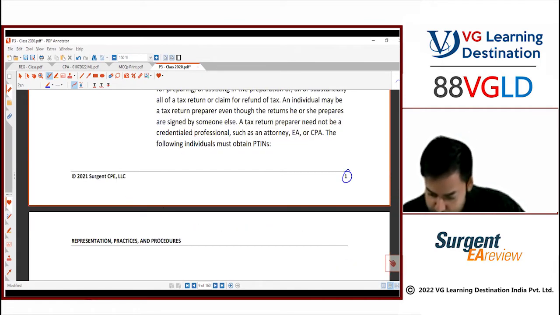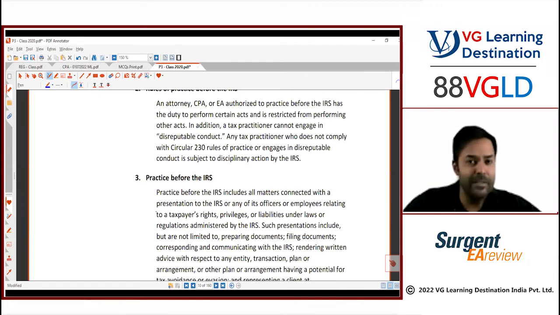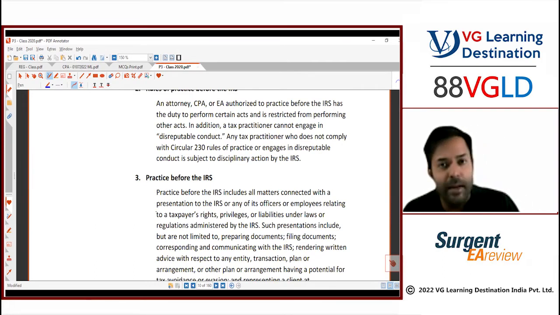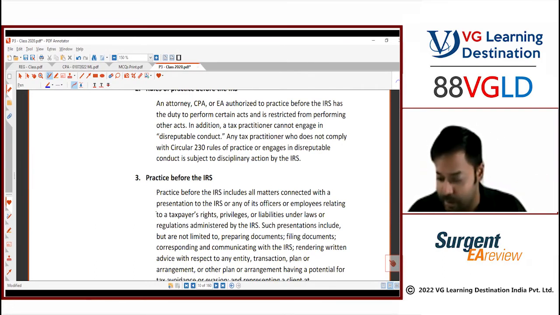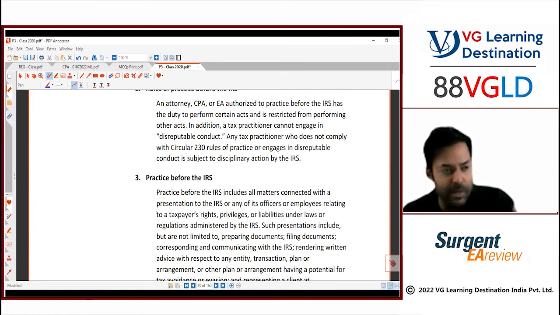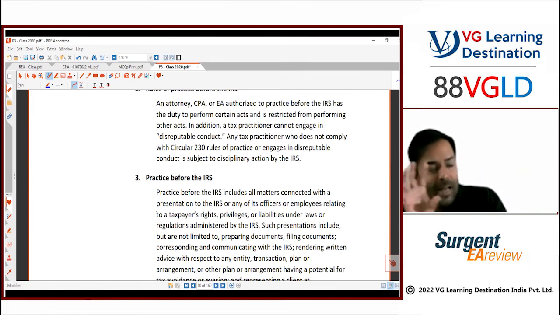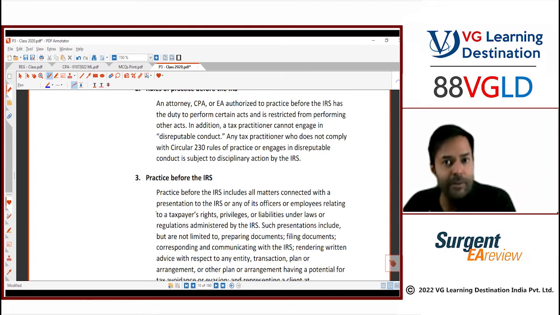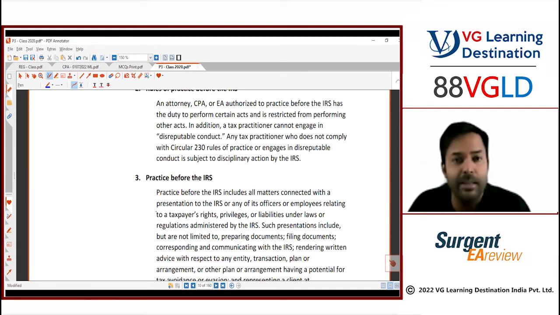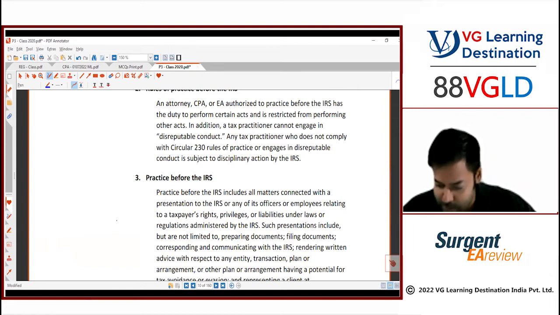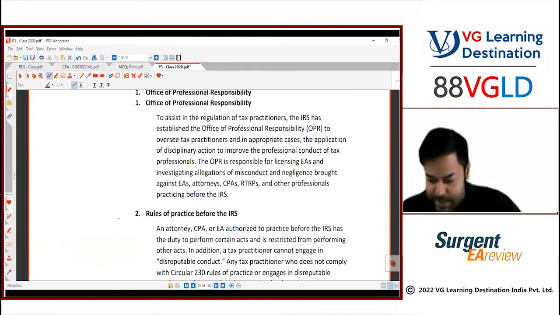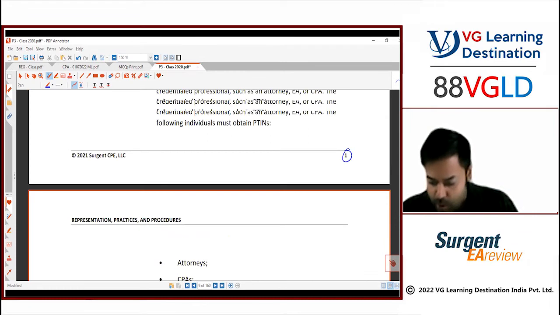Let's just move to page number 2. Guys, your book is given in a very unstructured way. People who have done Part 1 and Part 2 are very well aware of it. First I'll move to the relevant portions, because it's scattered all over the place.